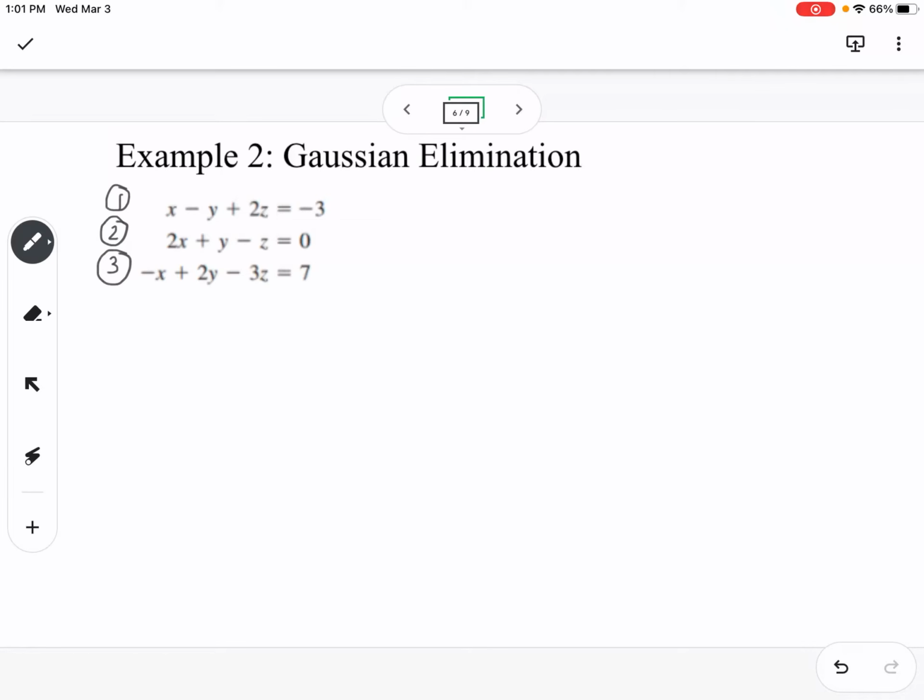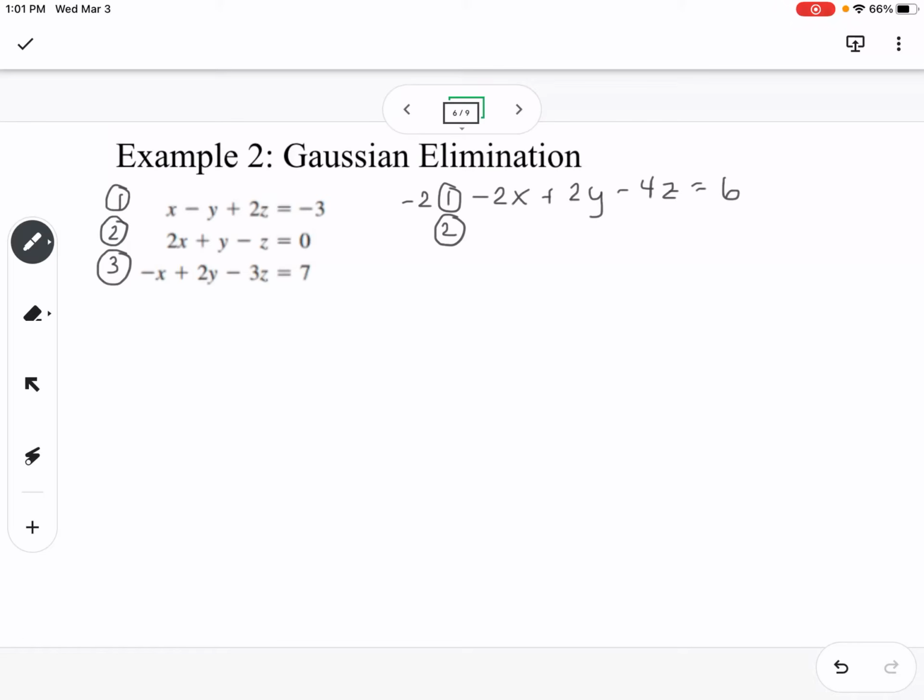So I am going to take the first 2 equations and eliminate x. I'm going to take -2 times equation 1 and then equation 2. If I multiply the top equation by -2, that gives me -2x plus 2y minus 4z equals 6.